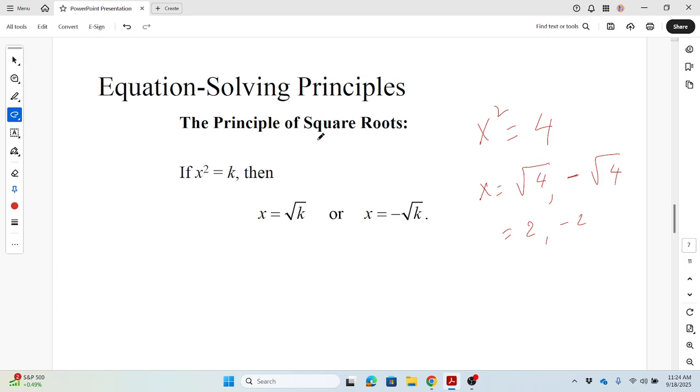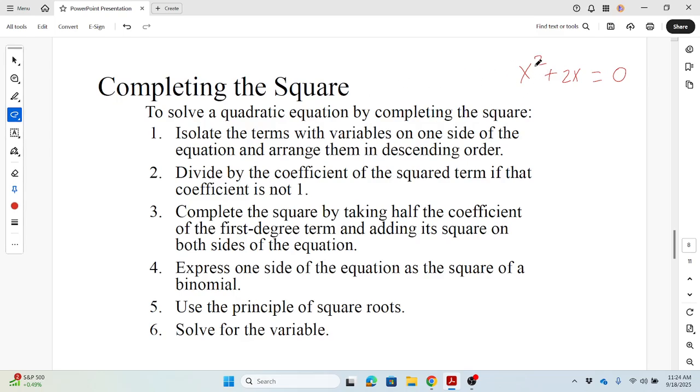This is the square root property. So we need to complete the square here on the left side because there is no square. And how do you do that? Isolate the terms with the variable on one side, meaning all the x terms go on the left side and all the numbers only go on the right side. In this problem there are no numbers, so just the x terms.